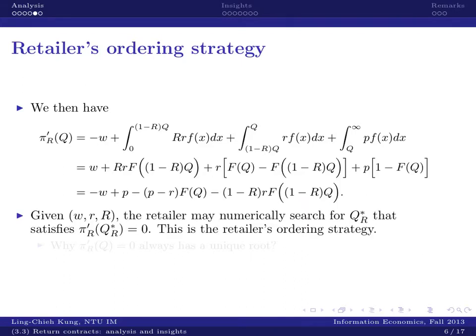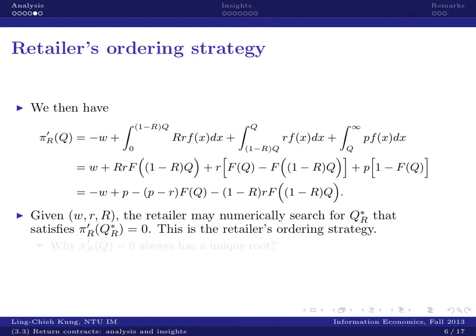Now the question is, given a contract W, R, and capital R, the retailer needs to find a quantity QR star to satisfy the first order condition, to make the first order derivative equal to 0. You may want to verify that if you do the differentiation again, you will get the second order derivative, and that's going to be non-positive.